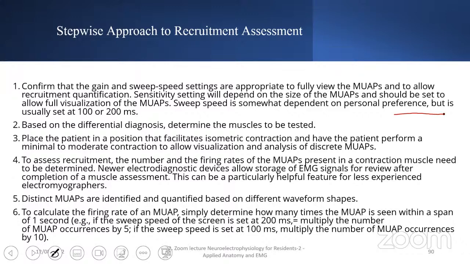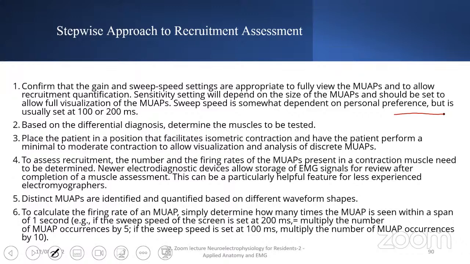To assess recruitment, the number and firing rates of MUAPs present in a contracted muscle need to be determined. Newer electrodiagnostic devices allow storage of EMG signals for review after completion of the muscle assessment. This can be a particularly helpful feature for a less experienced electromyographer, which you can sit later and identify. Distinct MUAPs are identified and quantified based on different waveforms and shapes.